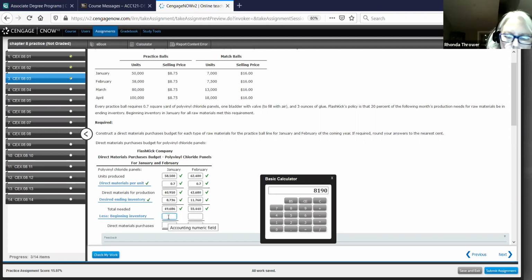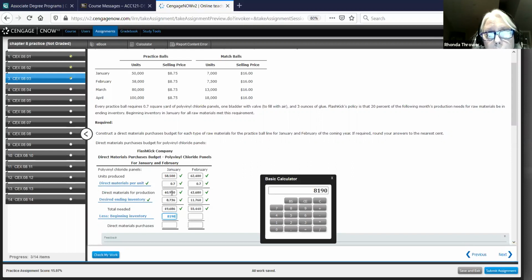So 8190 is the beginning inventory for January that comes from the ending inventory of December. And you just have to read carefully, the ending inventory is 20% of the following month's production needs.